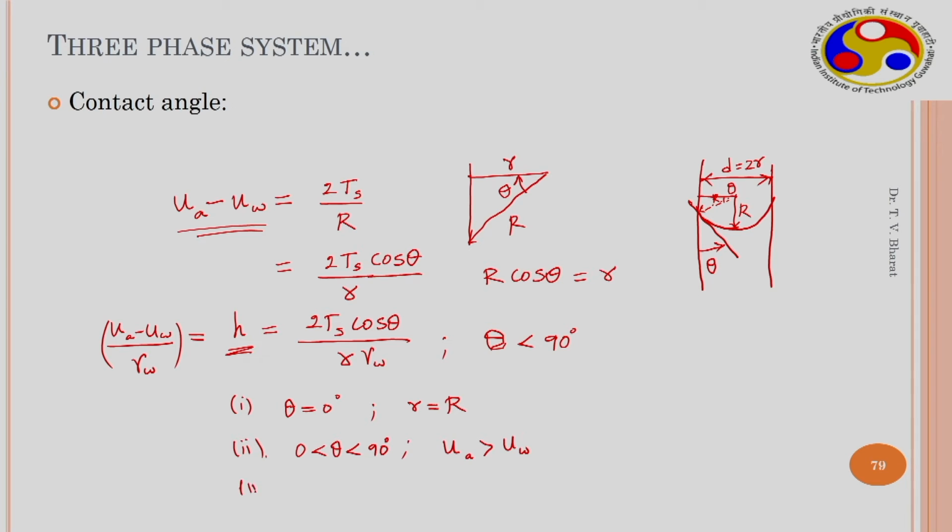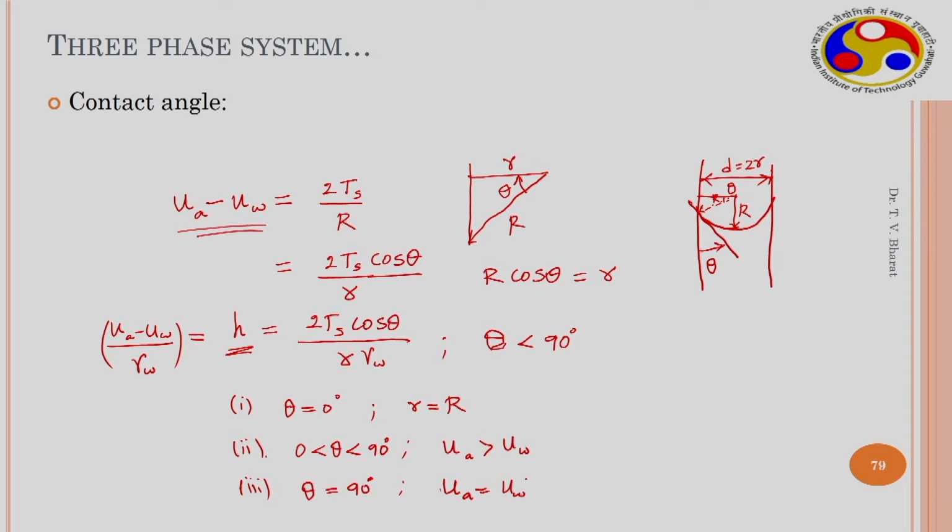The third possibility is that theta is equal to 90 degrees. If there is 90 degrees, then it's a perfectly flat surface. So R equals infinity, or UA minus UW is zero, UA is equal to UW.